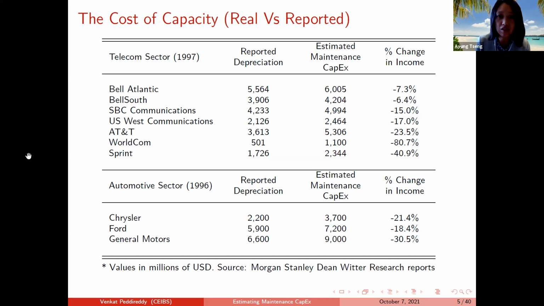So I just want to understand that here, the difference between the reported depreciation versus the estimated maintenance, is it mainly driven by those firms using straight line rather than matching with realized usage or revenue, or is it because there are changes in expectation about future usage collectively?